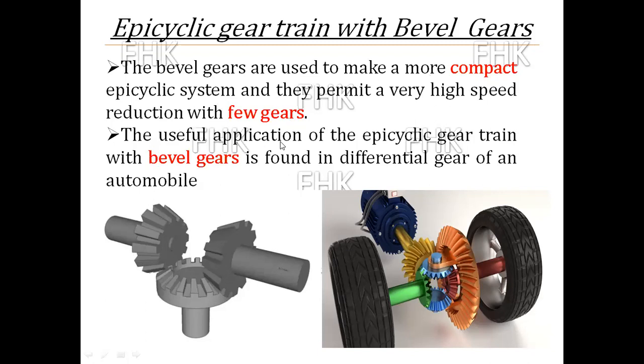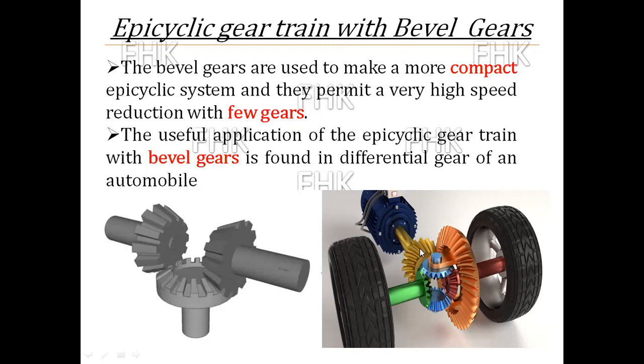The useful application of the epicyclic gear train with bevel gears is found in the differential unit of an automobile. Here you can see the differential unit in this image, in which this yellow bevel gear is connected to the engine shaft.